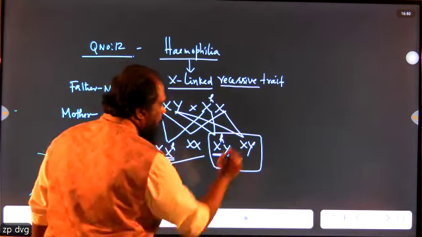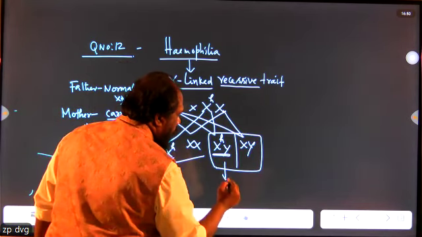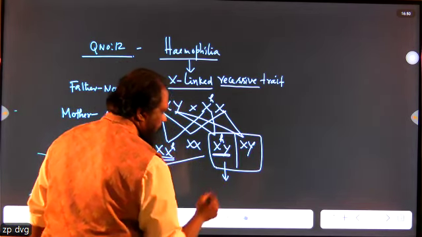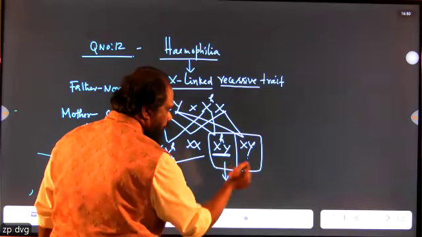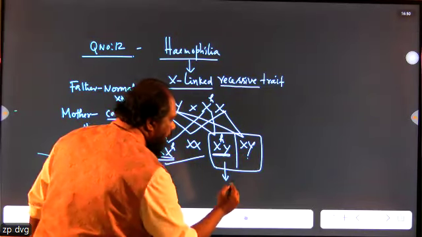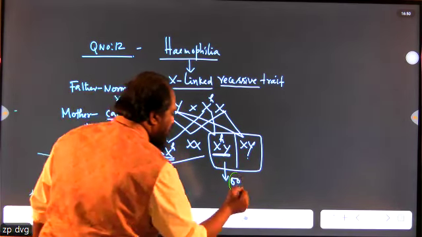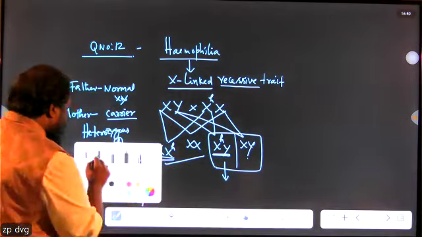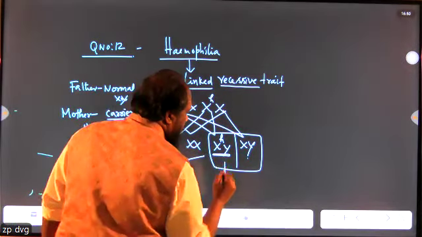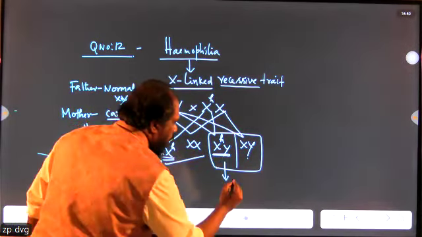Out of two male, one is having what? Disease, hemophilia. So, what is the chance of son to be hemophilic? Out of two sons, one son is hemophilic. So what is the chance? 50% of male will be hemophilic.